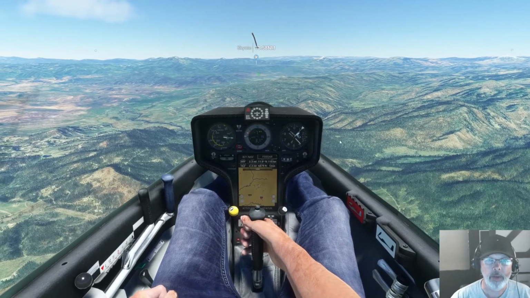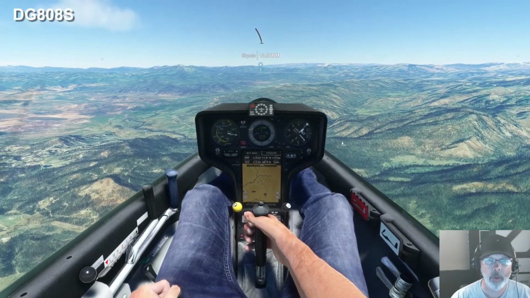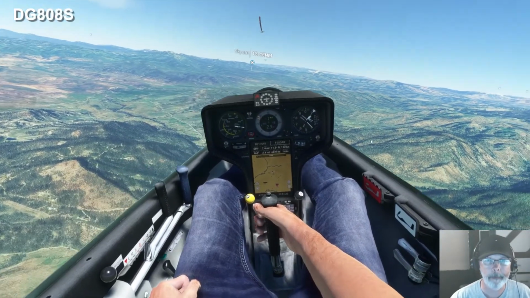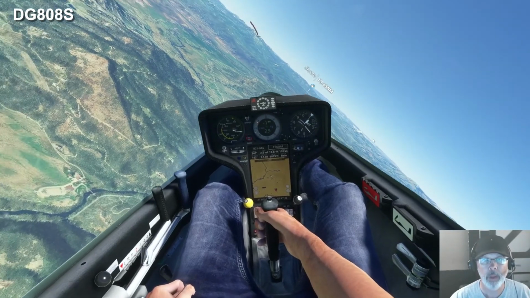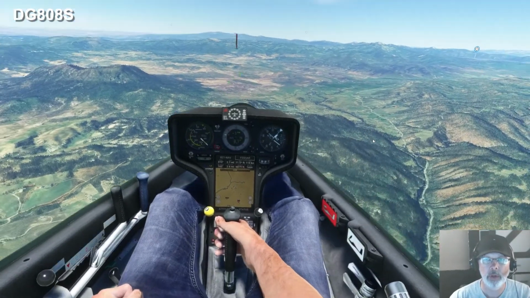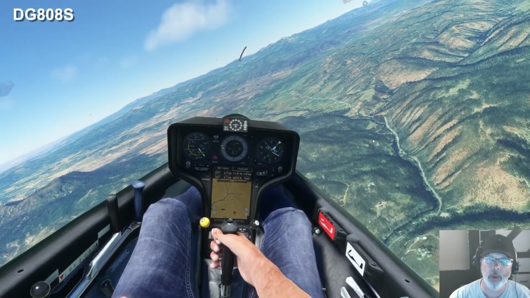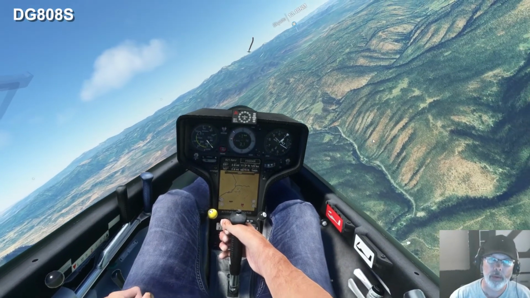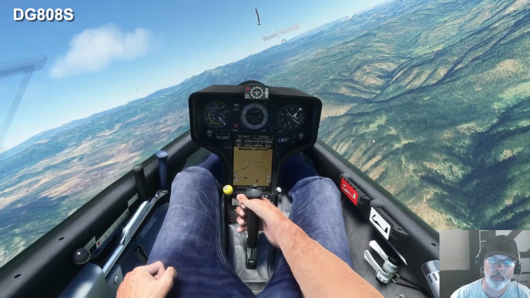Okay, this is the DG808. There we go. So that actually does seem to have some adverse yaw there. Again, I'm not using the rudders. Let's do another one.